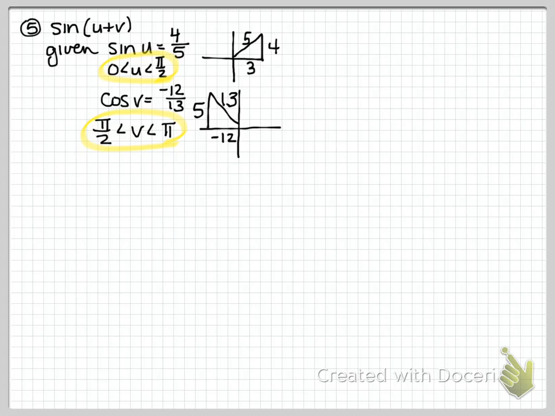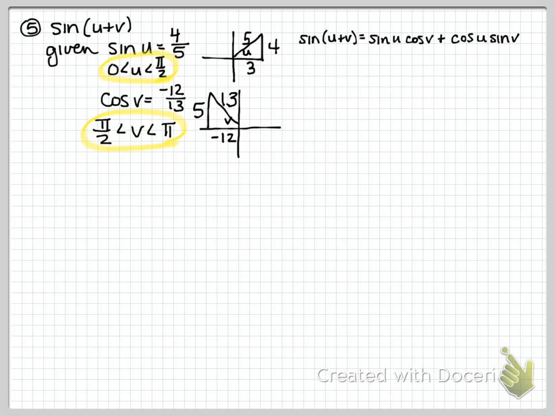Now, using our 2 triangles here, this is v, and this is u. I'm going to apply my formula. So the sine of u plus v equals the sine of u cosine of v plus the cosine of u, the sine of v.